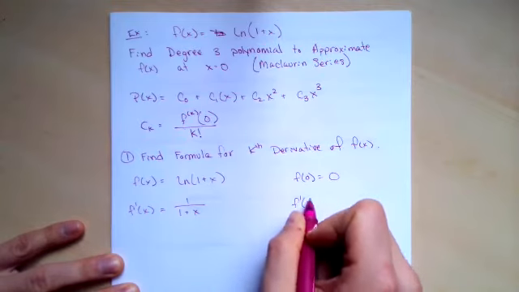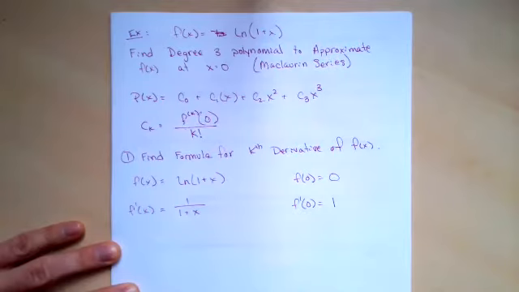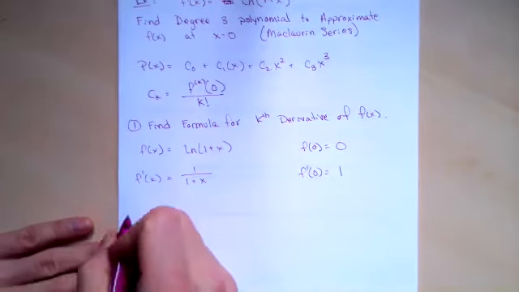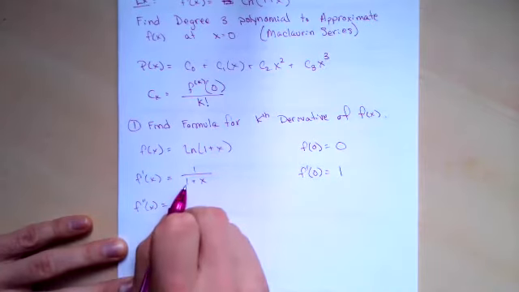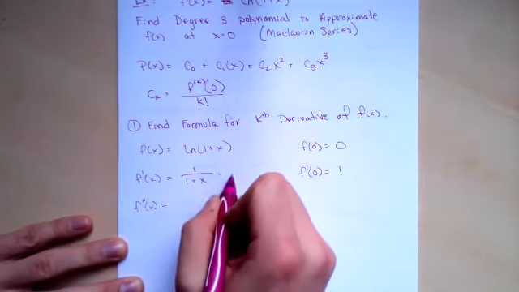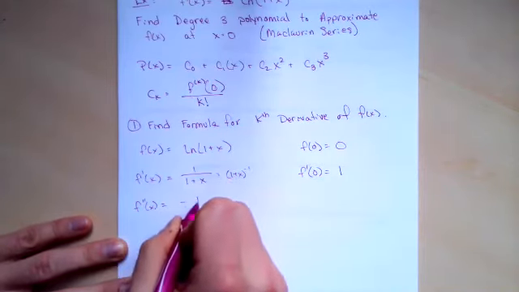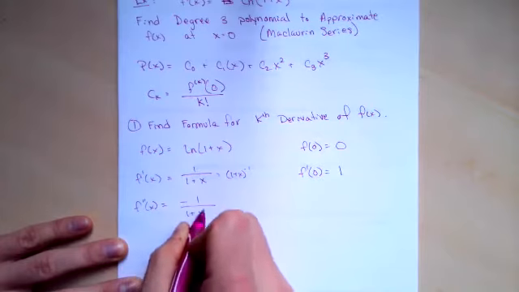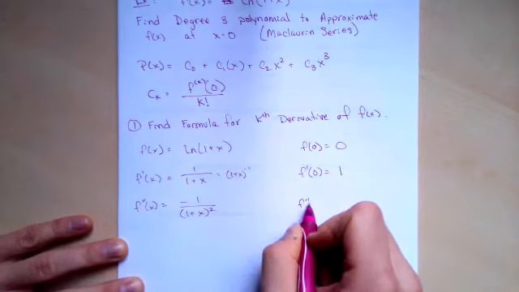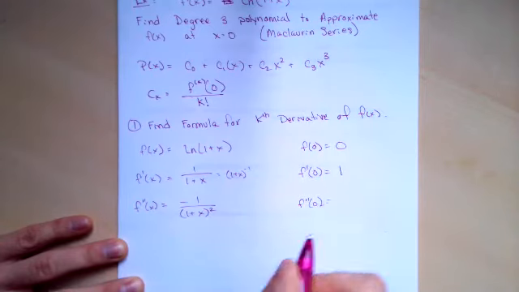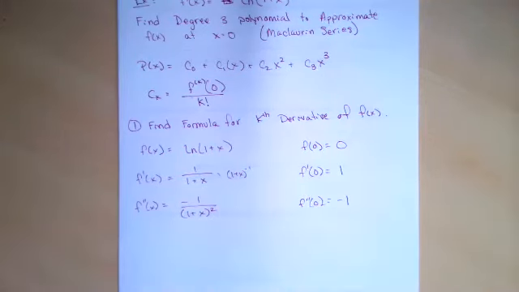F prime evaluated at our special point is 1. F double prime of x is, so this is 1 plus x to the minus 1, so we will get minus 1 plus x to the minus 2. F double prime of 0 is negative 1.